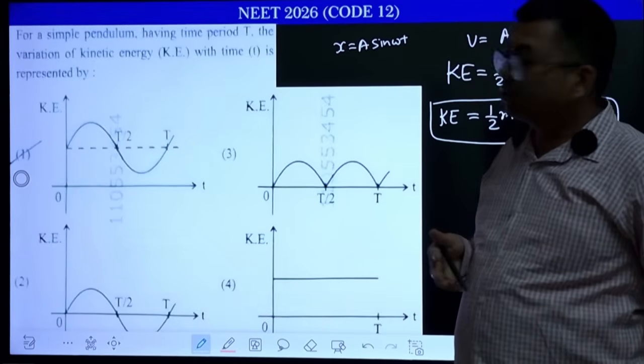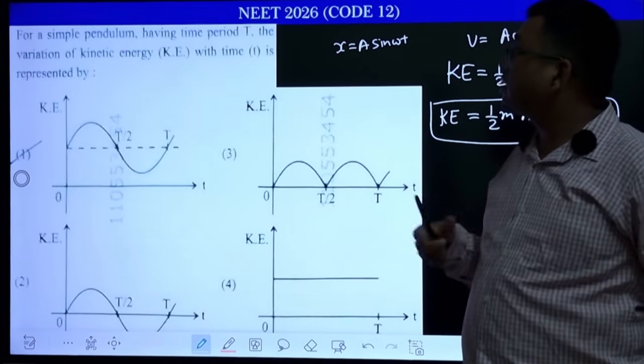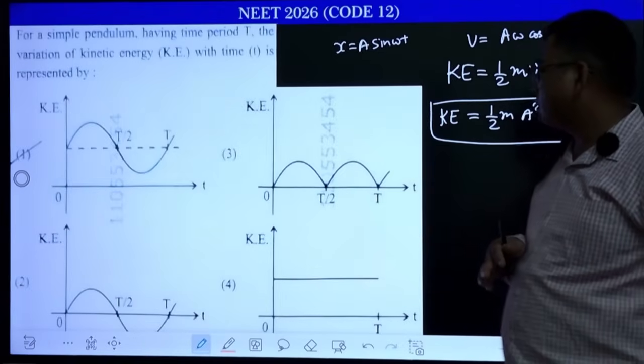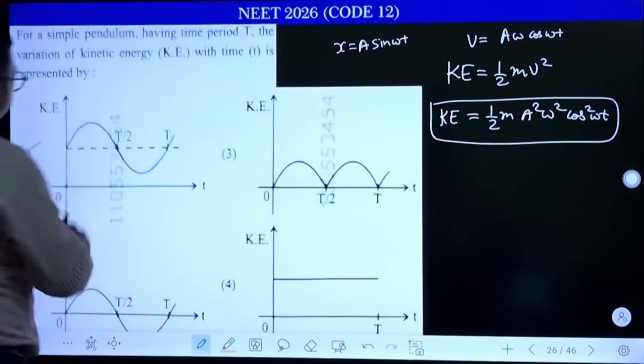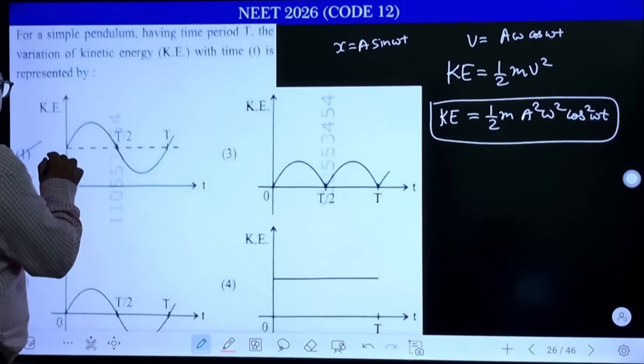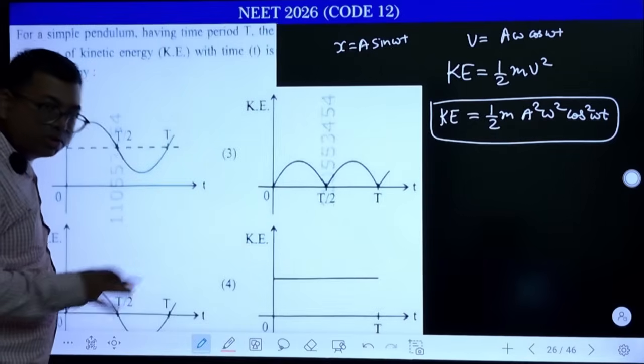So at the extreme position, at time zero, what is the position? They have to be clear in the question. They have not given that. So let us think about it. Suppose they are saying this graph. There is a minimum kinetic energy they are saying, but you know the minimum kinetic energy has to be zero.